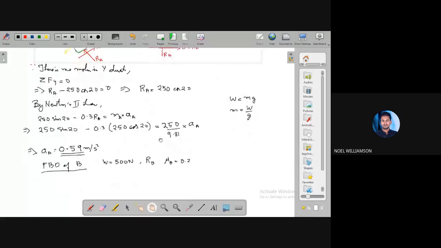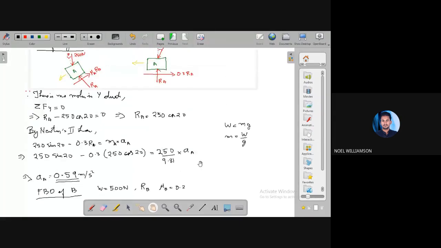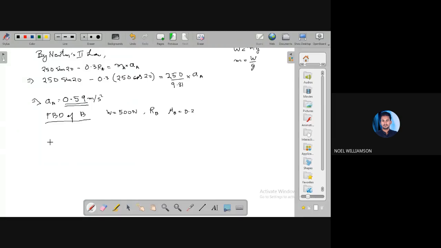Here also the motion is towards the left.